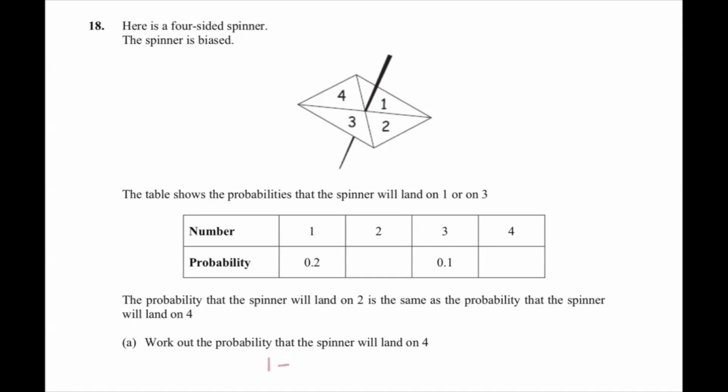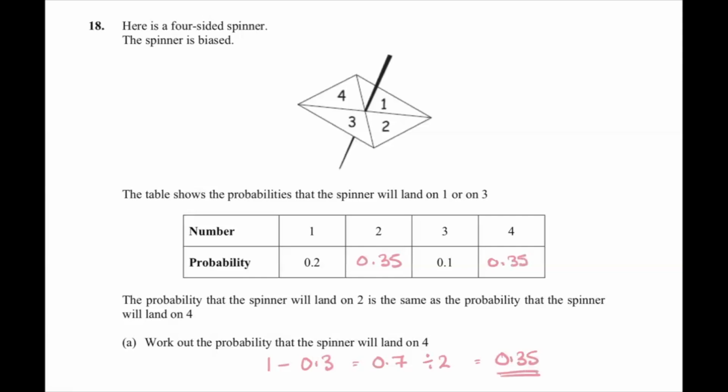If I take away the probabilities I know, which is 0.3, that's the 0.2 and the 0.1 added together, that will give me 0.7. So that 0.7 needs to be shared equally. So I'm going to divide by 2 to give 0.35. And that is the probability of it landing on 2 and on 4. So we've answered the question.